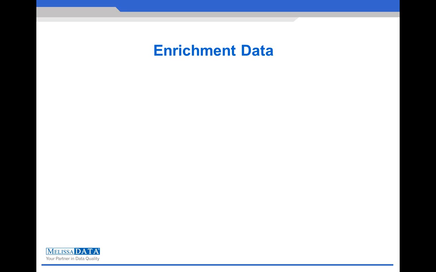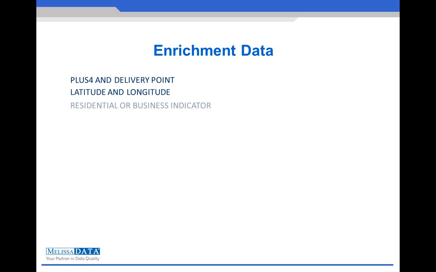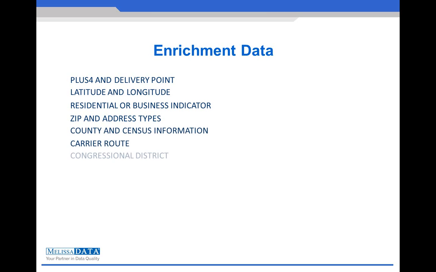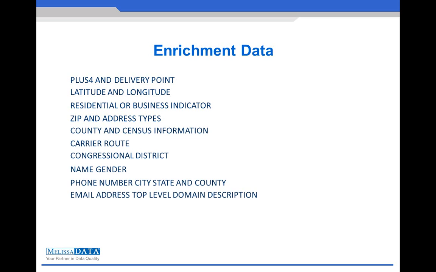Some of the useful information you can get include the +4 and delivery point of an address, latitude and longitude information, residential or business address indicator, zip and address types, county and census information, carrier route, congressional district, name, gender, phone number, city, state, and county location, email address, top-level domain description, and so on.